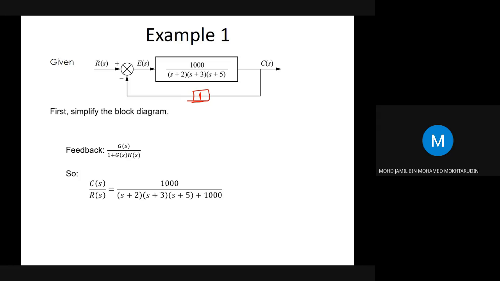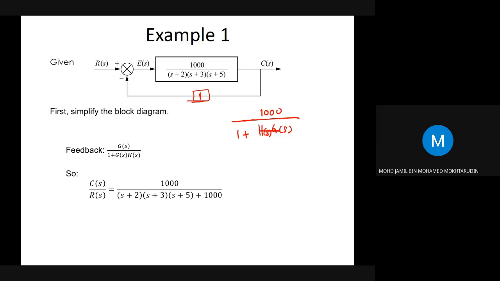So method dia ialah untuk yang G(s) ni, untuk dapatkan C(s) over R(s), basically you write 1000, the numerator of G(s), divided by 1 plus G(s)H(s), H dia 1, G(s) dia yang ni. So you want to simplify the 1 plus G(s)H(s).